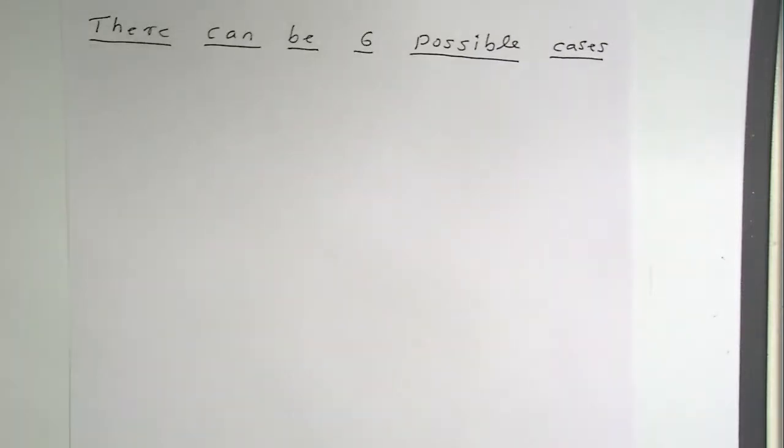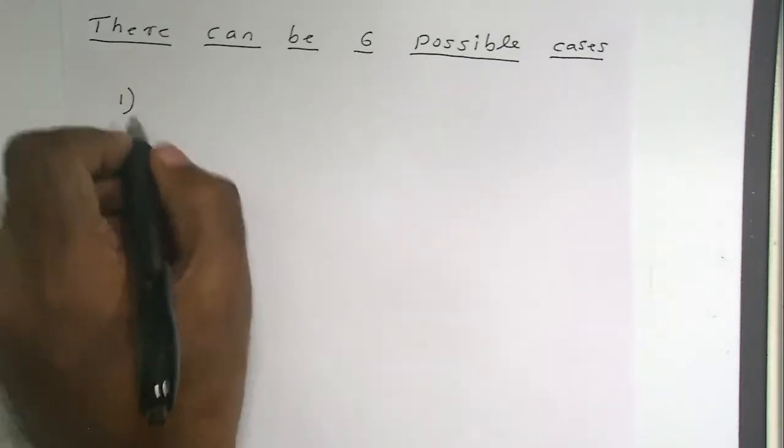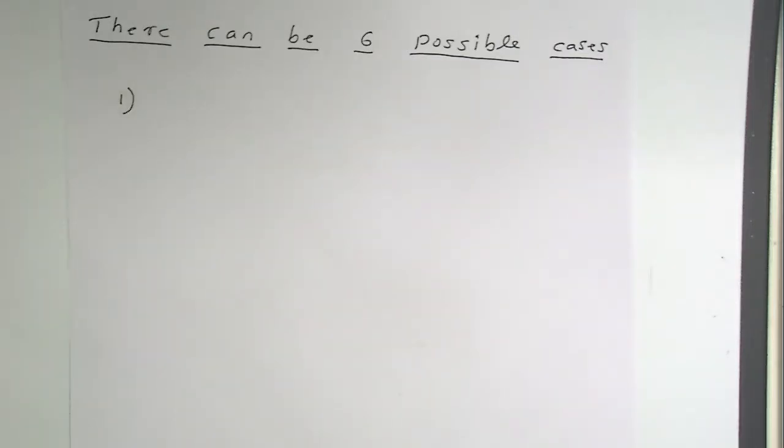There can be 6 possible cases, right? Case 1, I mean, when I say 6 possible cases, they all relate to the losses in investments, x1 to xn.